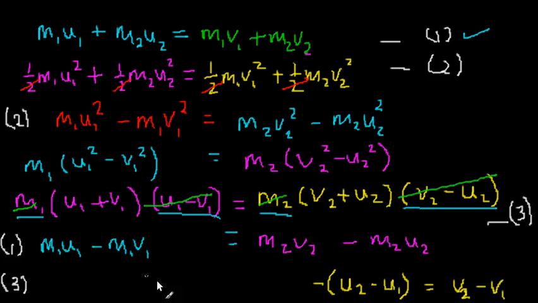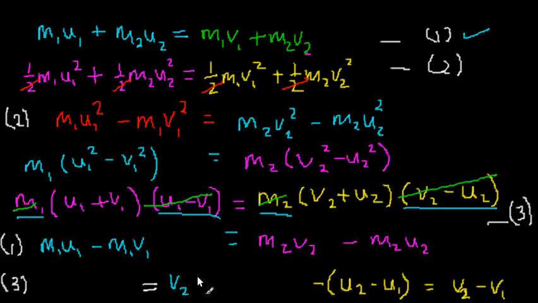So let me try. Let's see what I can do. So maybe I want to have v2 minus v1 on the right. See if I can rearrange equation 3 to do that. Now I actually have v2 on the right already. I have v2 on the left, v1 on the left.